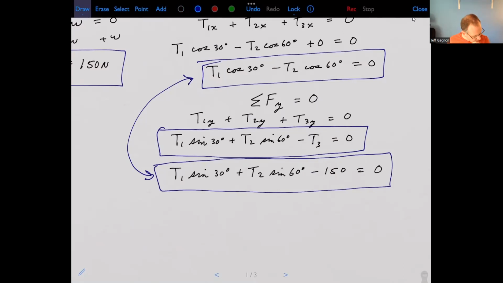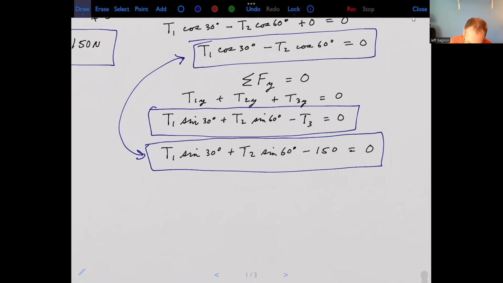So I'm going to write this one more time, but I'm going to plug in the values for sine of 30 and cosine of 30, and then sine of 60 and cosine of 60. So this first equation here, I'll write as T1. Now, cosine of 30 degrees is the same as 0.866. So this is 0.866.